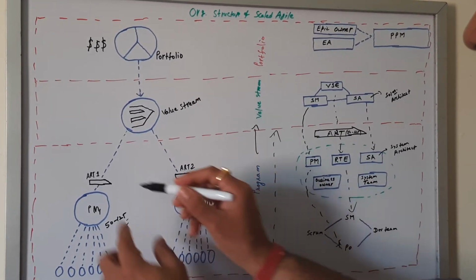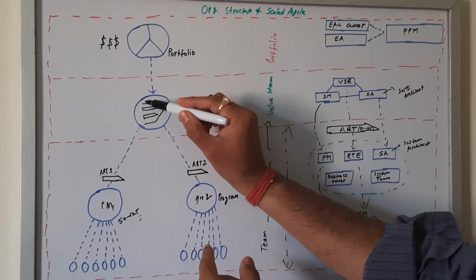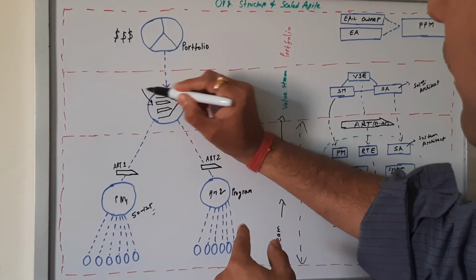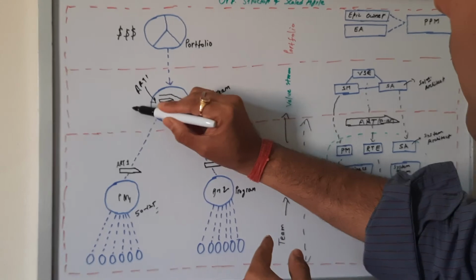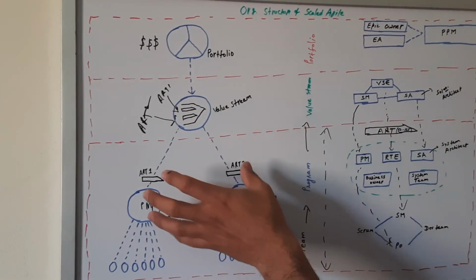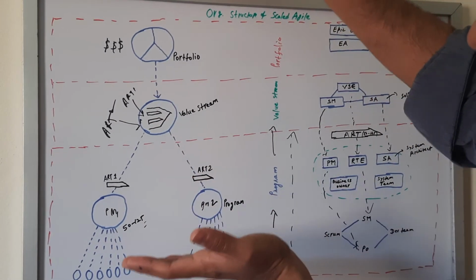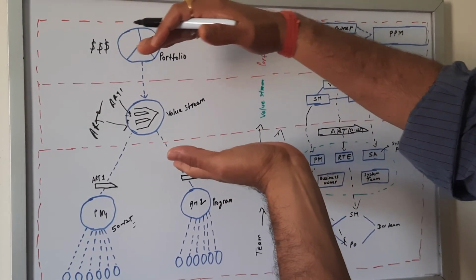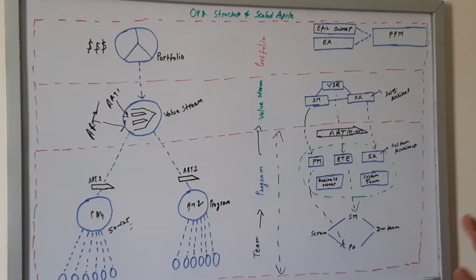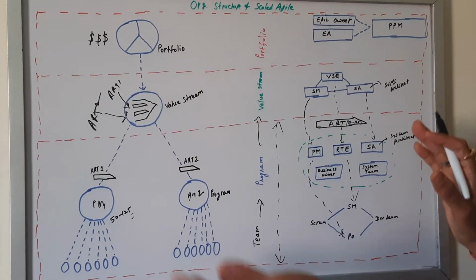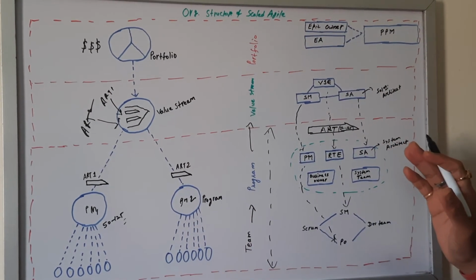At value stream level, you can see clearly here ART1, Agile Release Train 1, and Agile Release Train 2. When we have more than one program, we combine them at value stream level and create a broader value stream. So this is the basic, high-level organization structure of Scaled Agile.